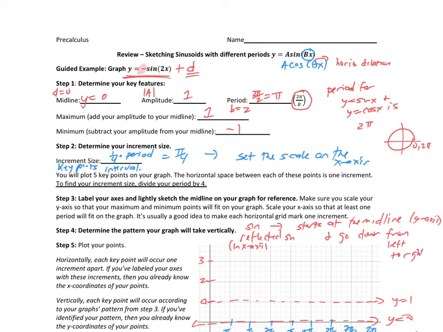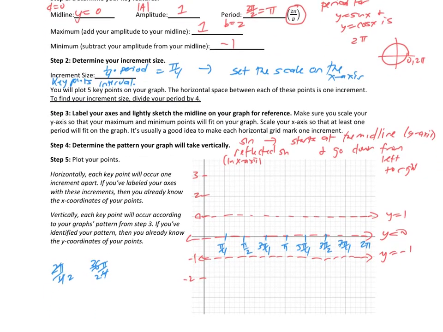And that's going to tell us how to plot our points. The first point that I'm going to graph is at the midline, so I'm going to put a point at 0, 0. My next key point is going to be pi over 4 over. That's a quarter period, and this graph is going to be going down as I go from left to right. It's going to go from the midline to a minimum, so I'm going to plot pi over 4, negative 1.